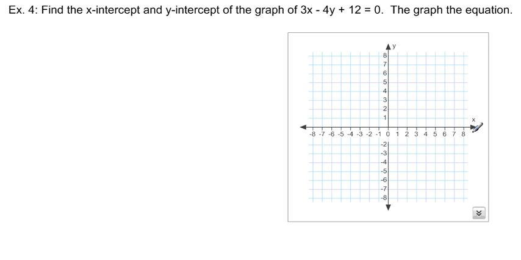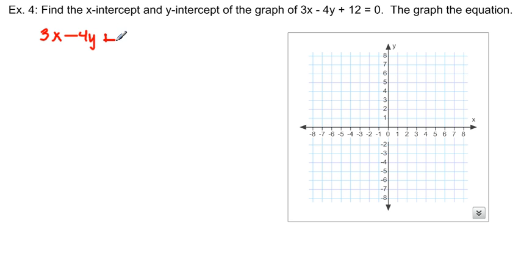In this example, we want to find the x and y-intercept to graph the equation 3x minus 4y plus 12 equals 0. Now, the first thing that you want to do, just because it's going to make your work easier for you, is you want to put the equation in standard form. Okay, so what I need to do to get this equation in standard form is move the constant 12 to the other side of the equation.